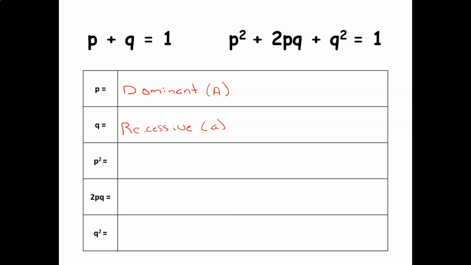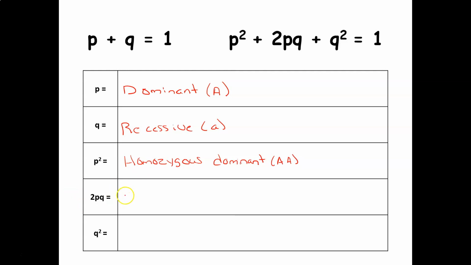But now, instead of just looking at the allele frequencies of dominant versus recessive, I want to know the genotypic frequencies. The p² is for the homozygous dominant. If we keep using those A's as examples, this would be somebody with a genotype of 2 capitals.